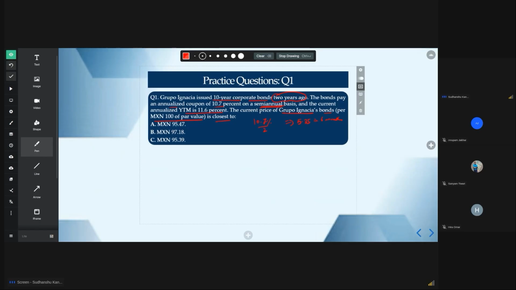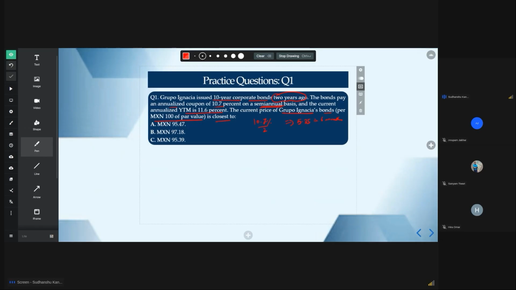This is where you need to focus, because in CFA you need to know how to apply the concepts you have studied in a very holistic way. That's why we have chosen very high level questions. We have not chosen easy questions to teach you, because we wanted you to do actual exam questions, and actual exam questions will be like this only.